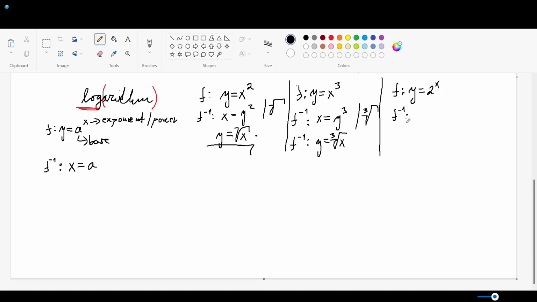We know how to find already the inverse, which is going to be x equals 2 to the power of y. And here is this analogy with finding the inverse of the square root or x cubed.